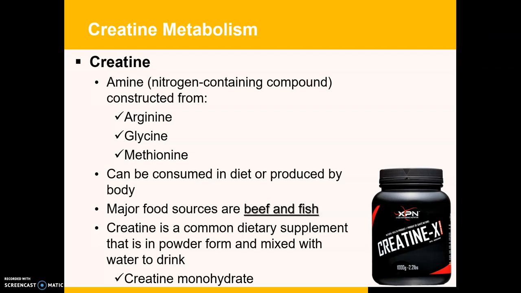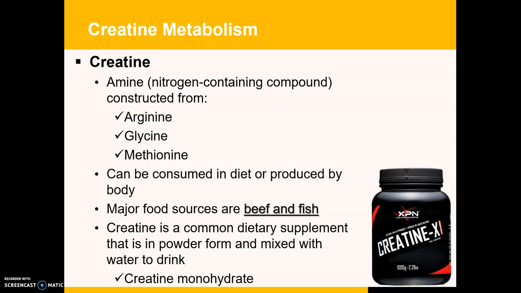It can be either consumed in the diet, via food or supplements, or it can also be produced by the body. The major food sources of creatine are beef and also fish.